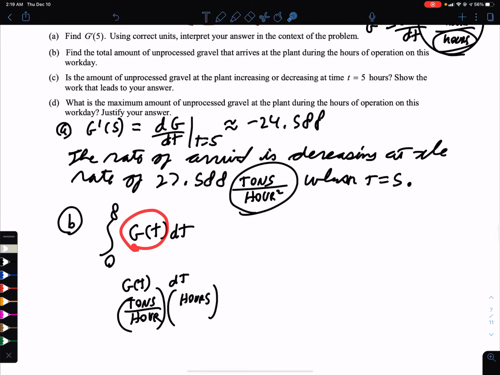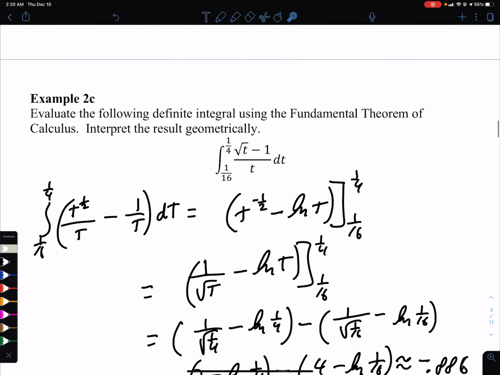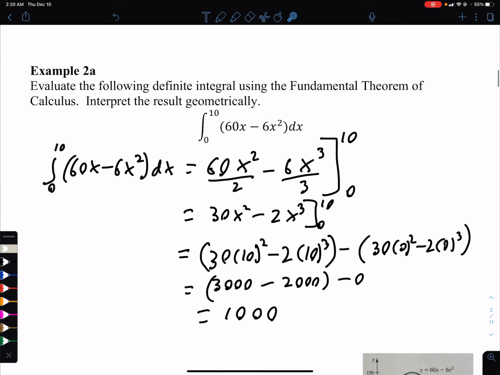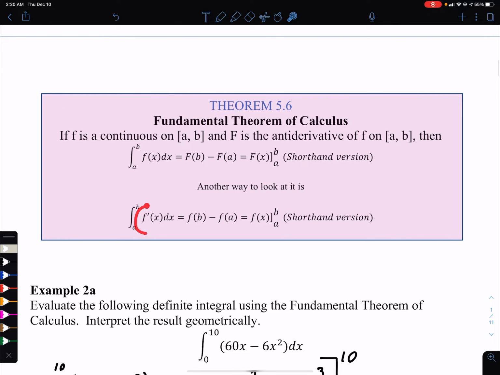G is the rate of arrival. So if you integrate the derivative of arrival, it gives you the change in the amount that has arrived. Okay, back to this. Hopefully this sinks into your brain. If you integrate the derivative of something, it gives you the change in what it's the derivative of.